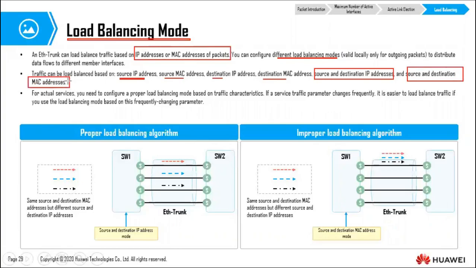So you can either use them individually or you combine them. For actual services, you need to configure a proper load balancing based on the traffic characteristic. So if a service traffic parameter changes frequently, it is easier to load balance traffic if you use the load balancing mode based on this frequently changing parameter.